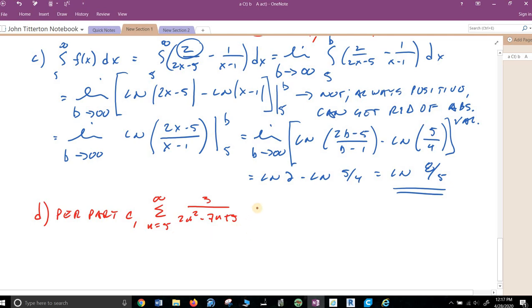Per part C converges by the integral test.